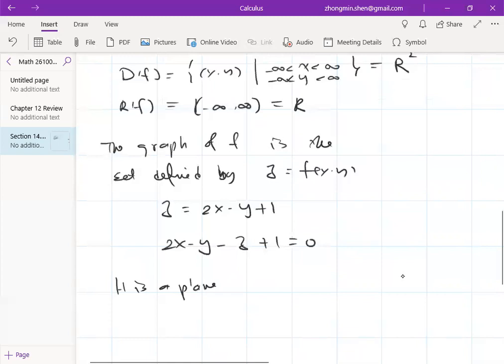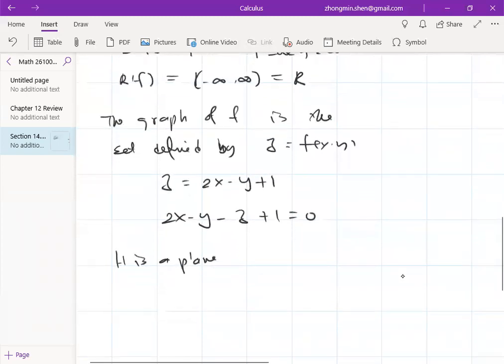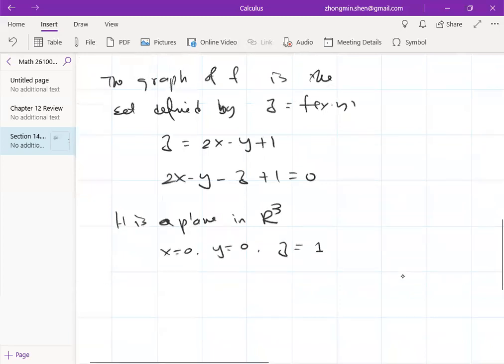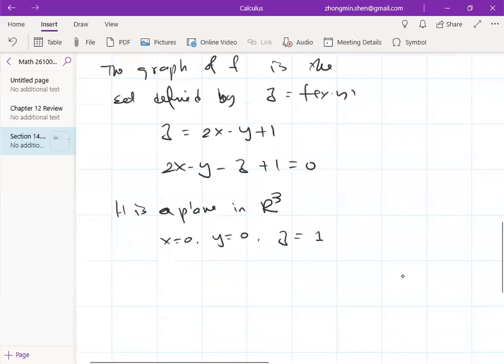It is a plane in three-dimensional space. For the plane, I want to find a couple of pieces of information, like which point it passes through. Okay, what is the normal vector? All right, so first of all, let's see. I'm going to let x be 0, y be 0, and then z is going to be 1. So the plane passes through 0, 0, 1.